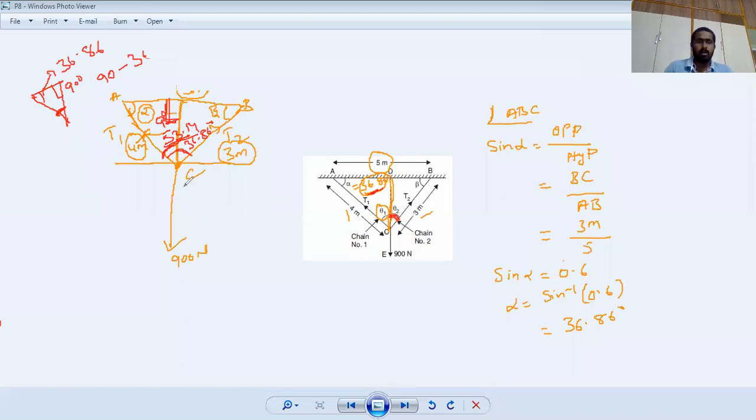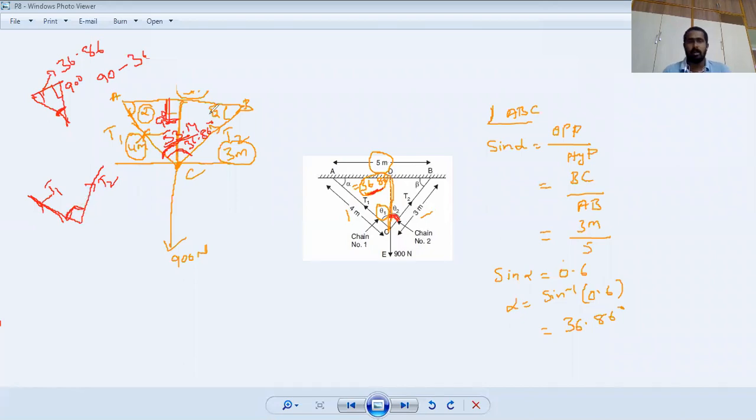Okay, now I am going to draw a diagram. So this is T2 and this is T1. What is the angle between T1 and T2?